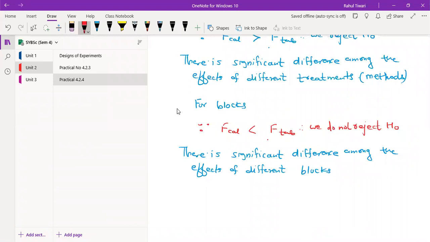That means there is an insignificant difference among the effects of different blocks. In brackets, I will write the analysis.